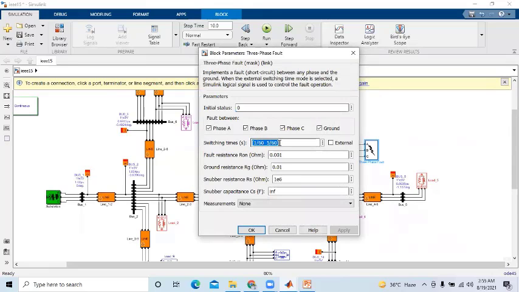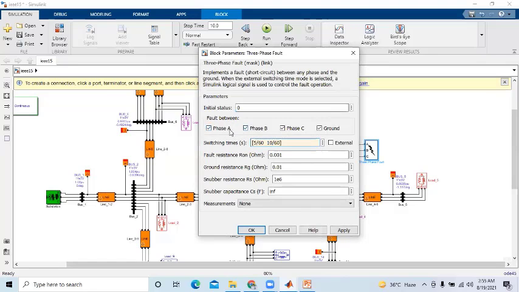The switching time periods for creating the fault are taken as 1 by 60 and 5 by 60. That is the first interval. So we are going to change it from 3 to 7 so that we can understand it in a much better way. Or we can say that we are going to create it at 5, and over here we are taking it as 10.